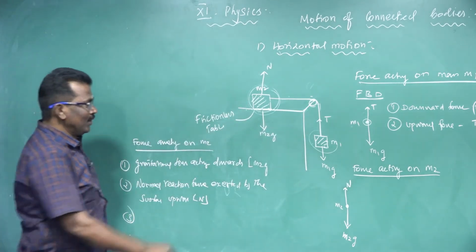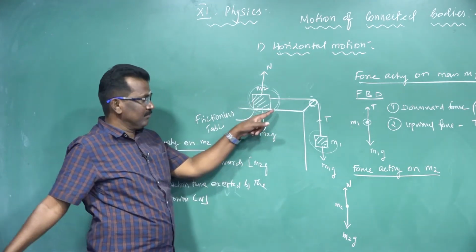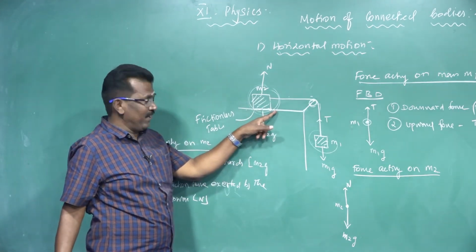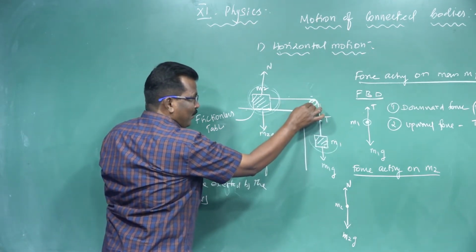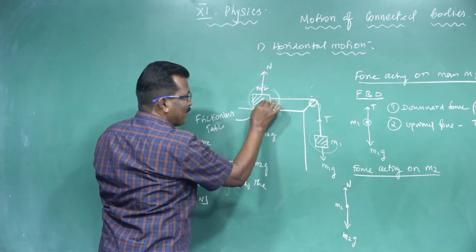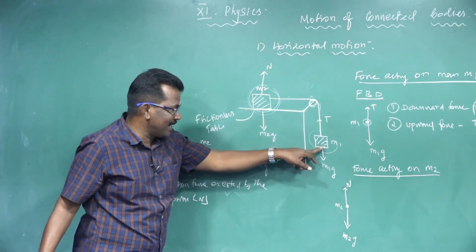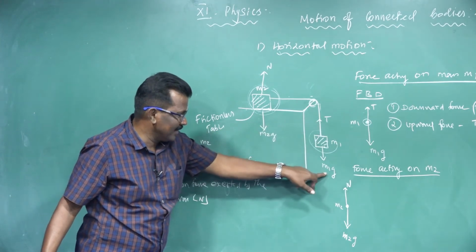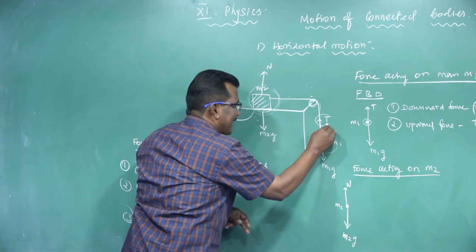Another one more force. The body is gently placed on the frictionless surface. m1 is hanging on the pulley, but m1 and m2 are connected by means of the string. If m1 exerts a force downward, m1g, due to gravitation, tension arises here.